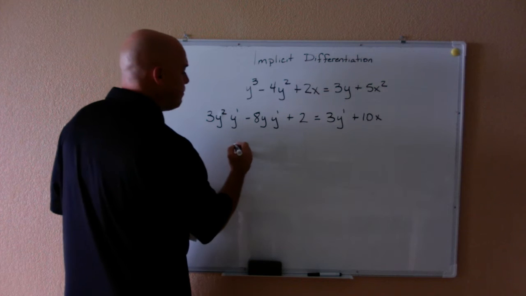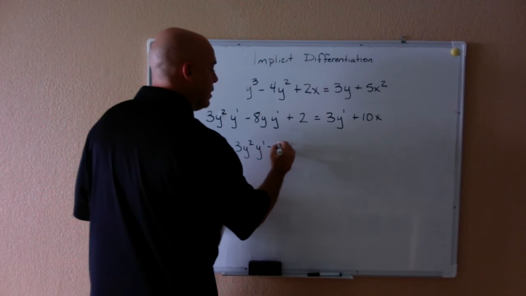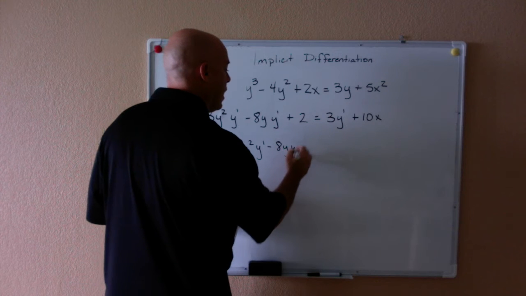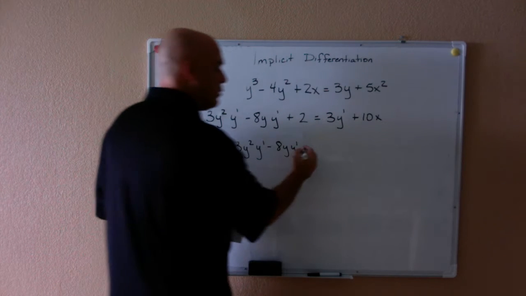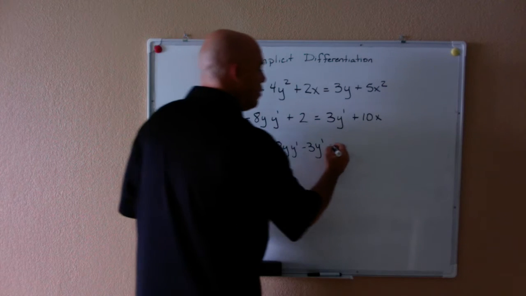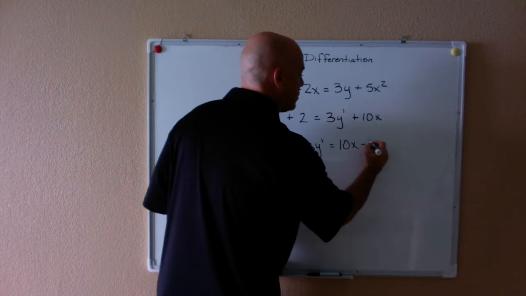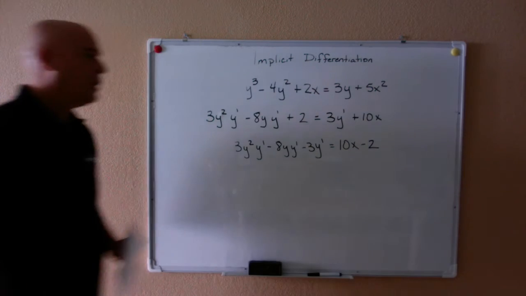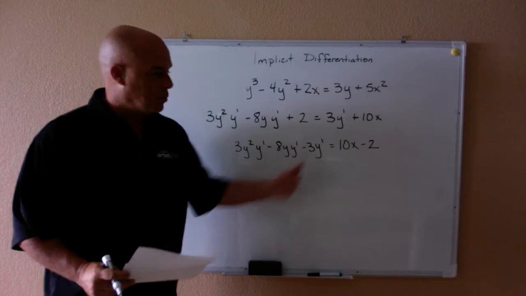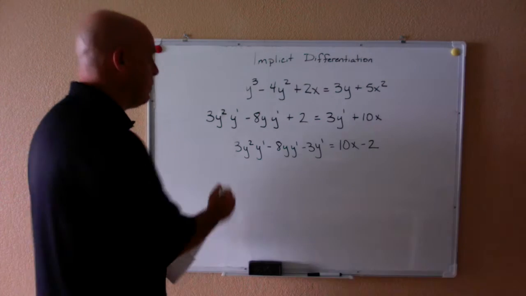So when I do that, I'm going to get 3y squared times y prime minus 8y y prime. I'm moving the 3y over, so that's minus 3y prime equals 10x, and then I move the 2 over to the other side, so minus 2. Now notice that everything over here has a y prime. Since everything over there has a y prime, I can factor that y prime out.